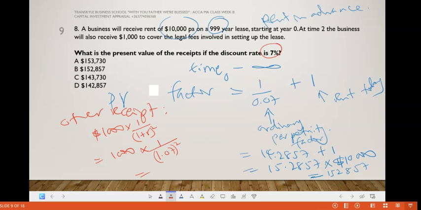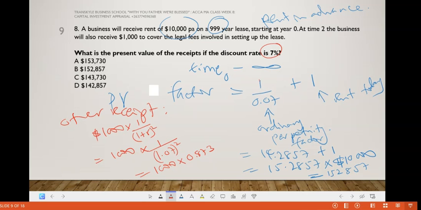And if you punch these figures, 1 over 1.07 to the power 2 is 0.873.